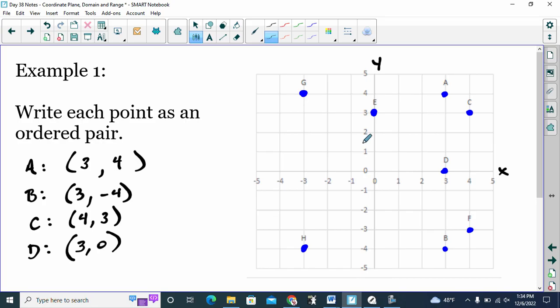I want you to list the coordinates of E, F, G, H, and I'm adding one more. I is right here. So I want you to try those 5.